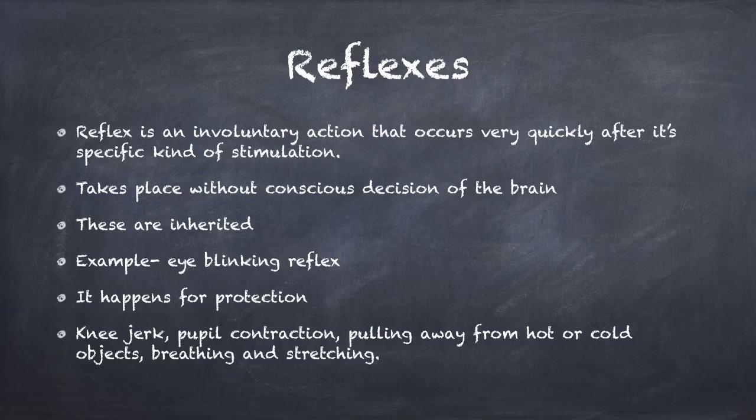Things that happen automatically without the involvement of our brain to save us from potential threats or risks are known as reflexes. You will see that babies display a lot of reflex action, so you can study about that. Sometimes we may think that the baby is doing something voluntarily, but that is not voluntary, that is their reflex action, and reflex action is inherited. It happens because of the whole evolutionary process.